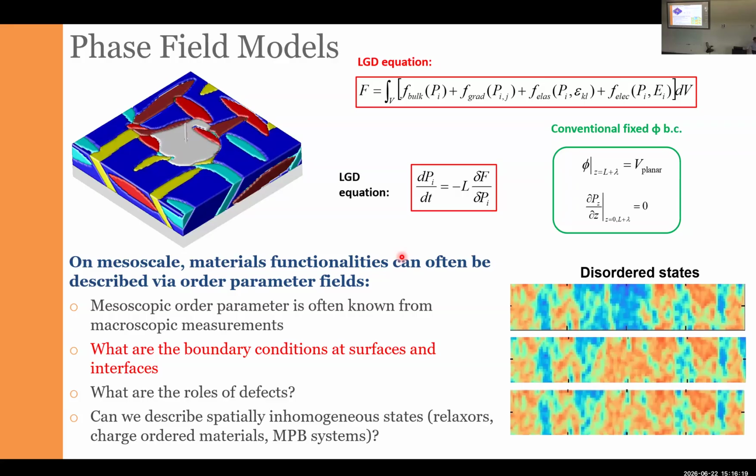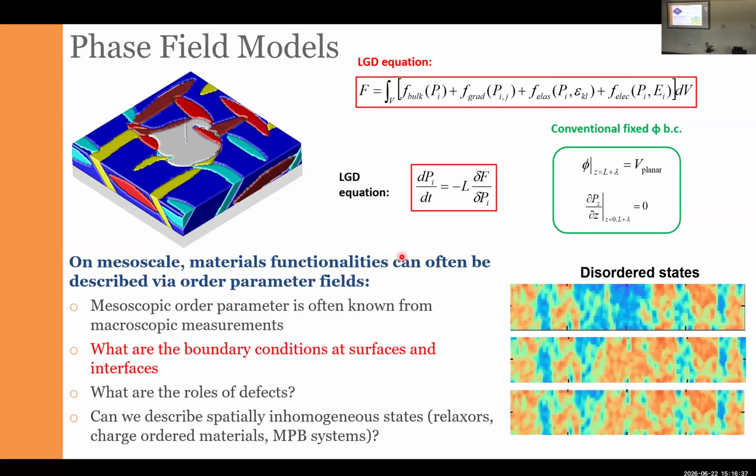And as often happens, these are also the materials that have super interesting properties. For example, relaxor ferroelectrics have ultra-high dielectric constants, which means people love them for applications, but we have no clue what happens with these materials on the atomic level.